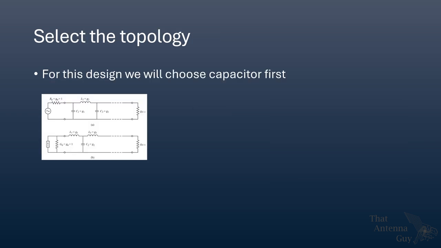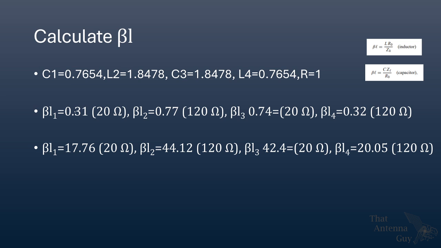We have to pick the same design criteria as the lumped element, because we're replacing the capacitor and the inductor with transmission line. So I'm going to again choose a capacitor first, just to be consistent with the video last week. And now that we have these values, this is where we're doing something different. Remember last week, once we took these values, we had to renormalize them into actual discrete elements, but now we're going to convert them into transmission line lengths.